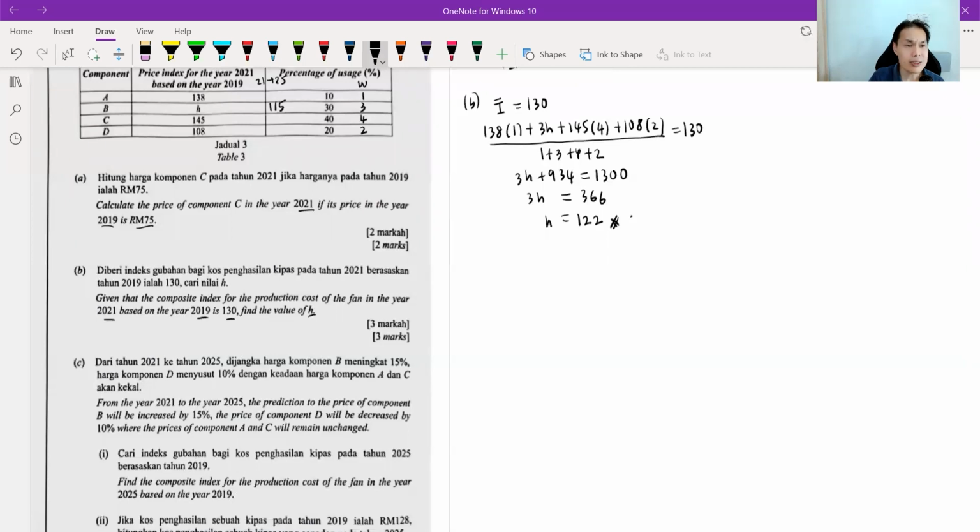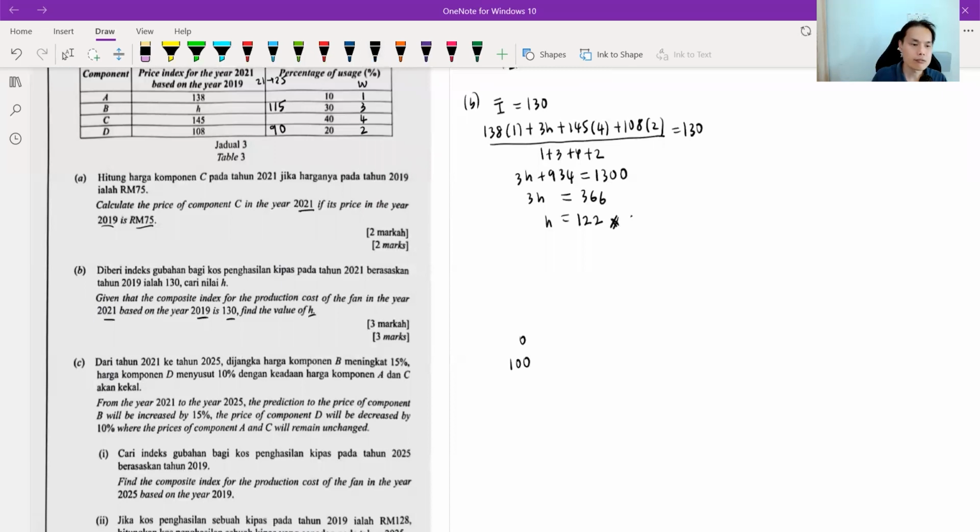Component D decreased by 10%. Decreased by 10% is 90. Remember, unchanged is 100. Increase by 10% is 110. You drop by 10% is 90. It remains unchanged is 100, right? So index everything is based on 100. More than 100 increase, less than 100 reduce.